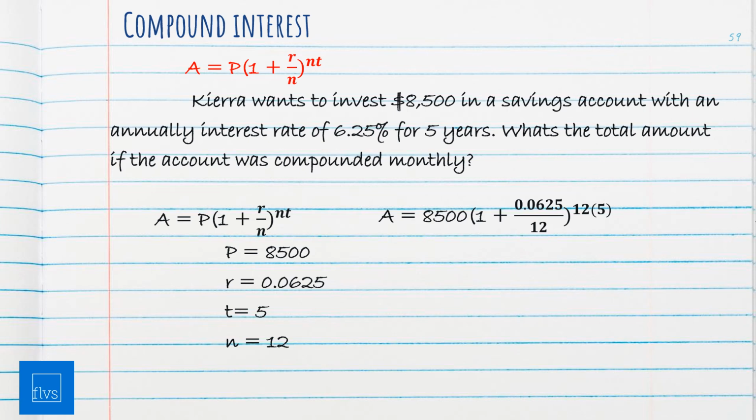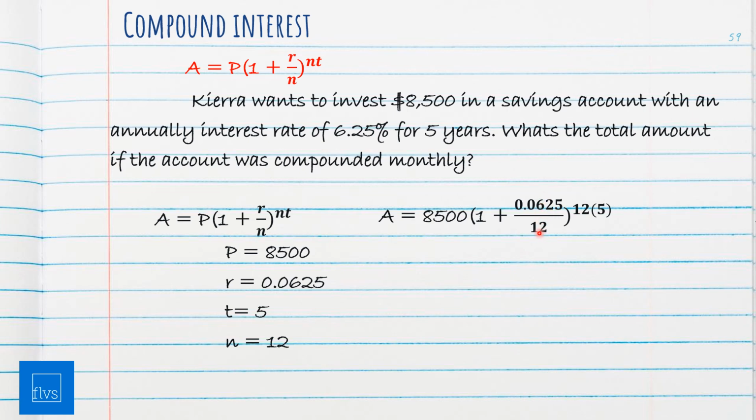So when we plug the numbers into the formula, this is what we have. Remember, you must pay attention to order of operation. With order of operation, the first thing is our parentheses. So in the parentheses, we have an addition and a division.